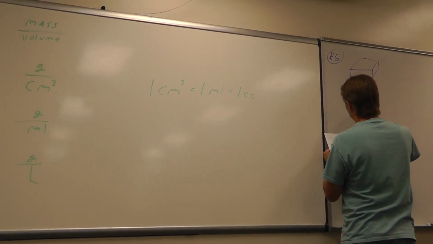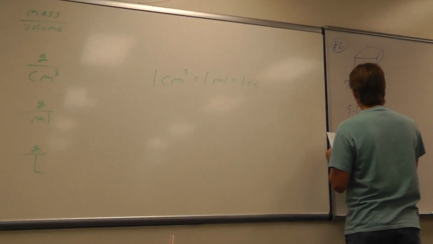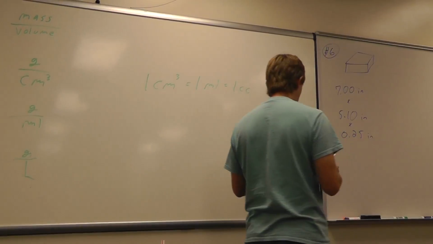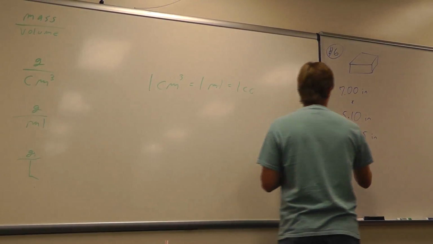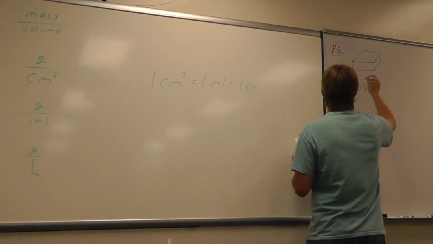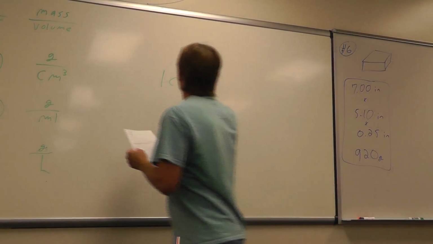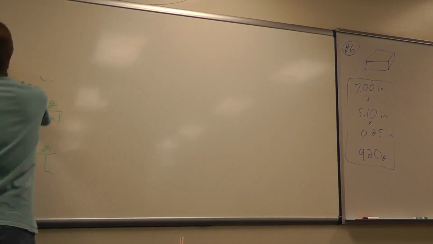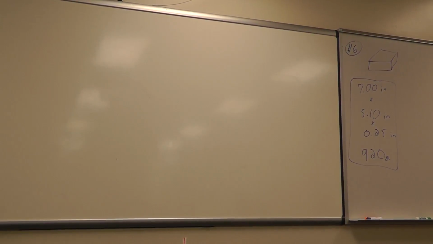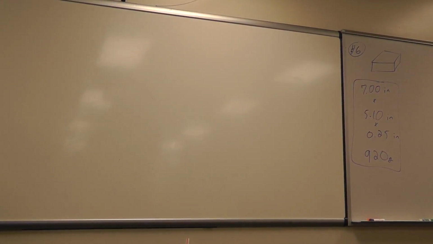Seven inches, 5.10 inches, 0.25 inches. That's the dimensions of it. And it weighs 920 grams. This is our experimental data. We want to calculate density, specifically when we want that in grams per centimeter cubed units.